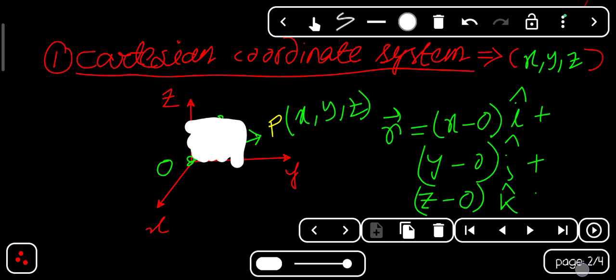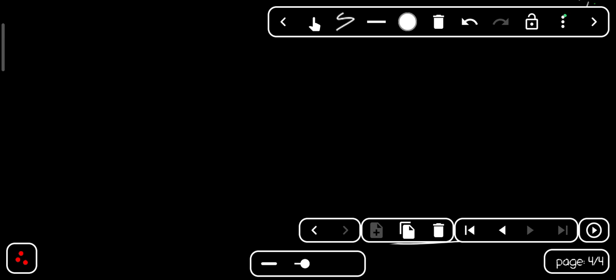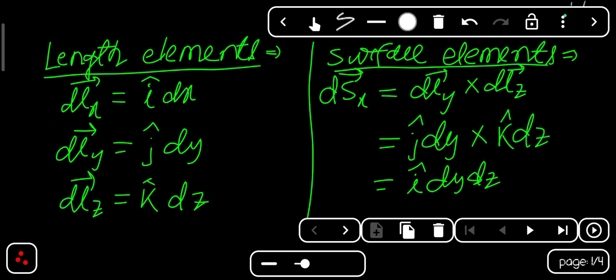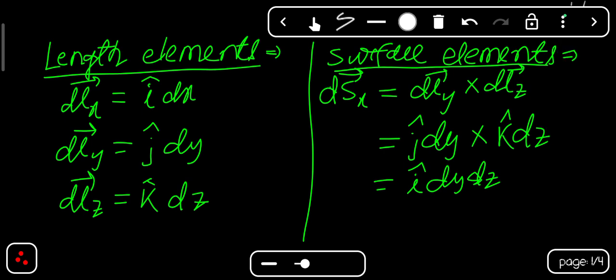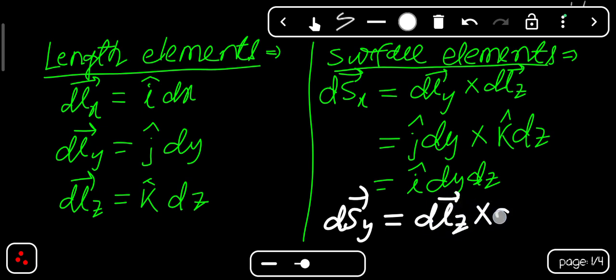In a similar way you can take the other surface elements, like dsy will be equal to dlz cross dlx, and find out this value.